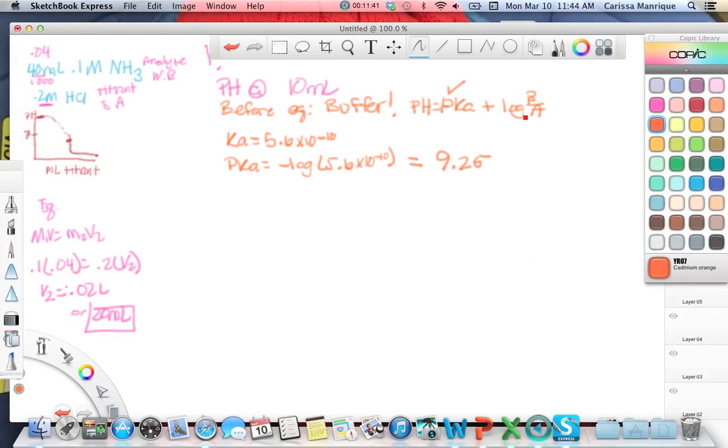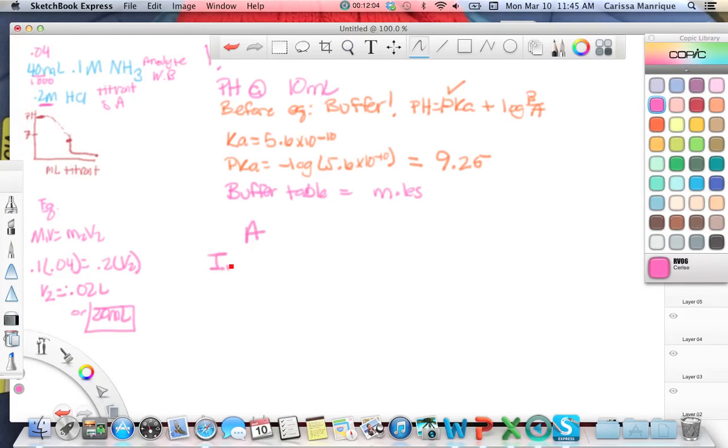Now I need to get my base and my acid numbers, okay? So we're going to set up a buffer kind of table. And when we do a buffer table, you put in moles. So we need to know our analyte, how many initial moles?